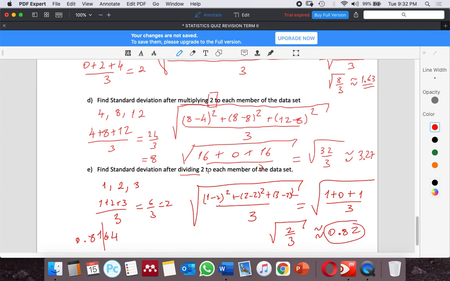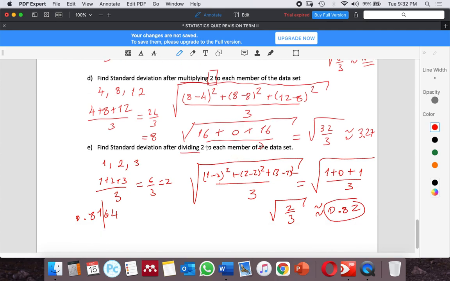So when I divide by 2, what happened to my standard deviation? It was 1.63, and now it's half of it. Let me use my calculator, 1.63 divided by 2, it is 0.82.